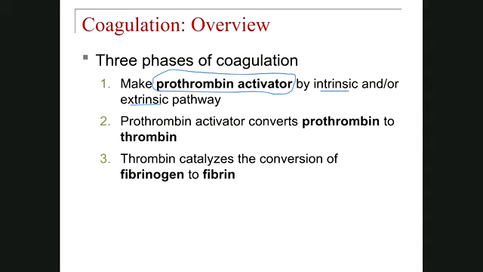So intrinsic and extrinsic pathways can make the prothrombin activator. After that, the prothrombin activator should convert prothrombin to thrombin. And thrombin catalyzes the conversion of fibrinogen to fibrin. Now at the end we have fibrin, and this fibrin strand can trap the red blood cells, and they can make the clot for us.